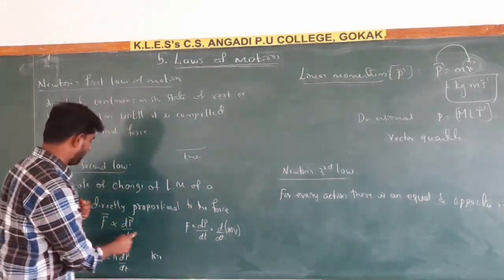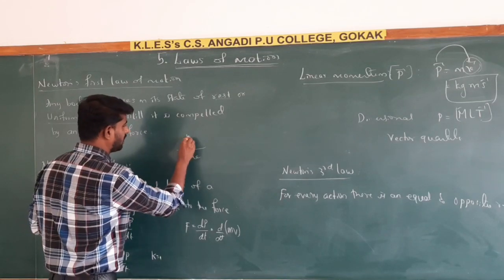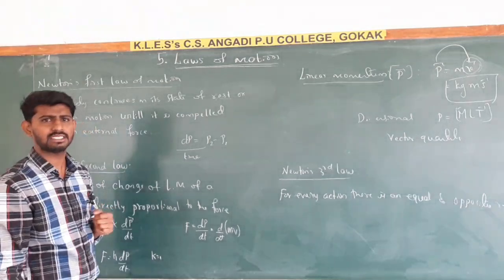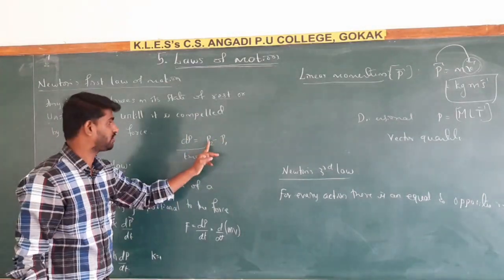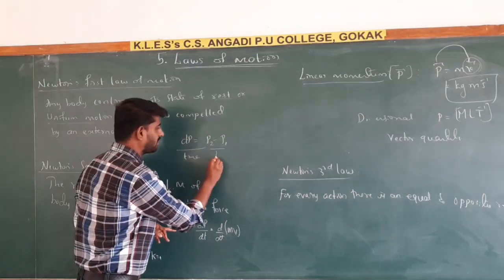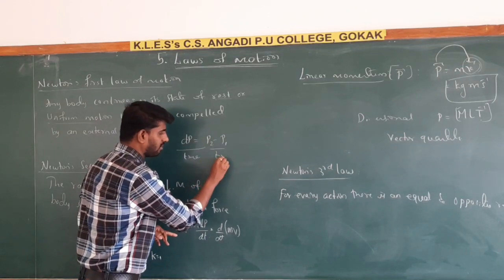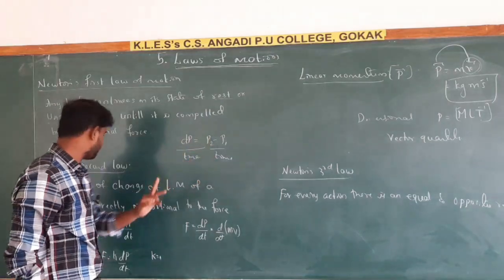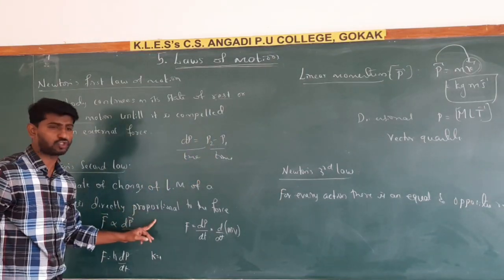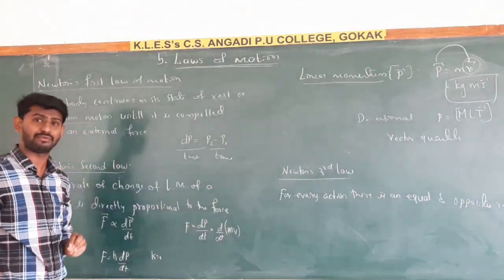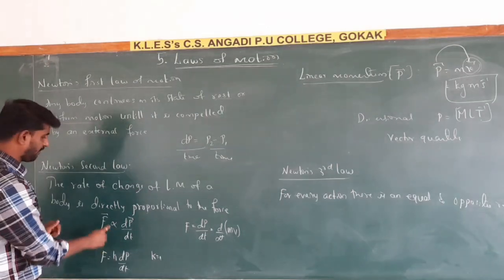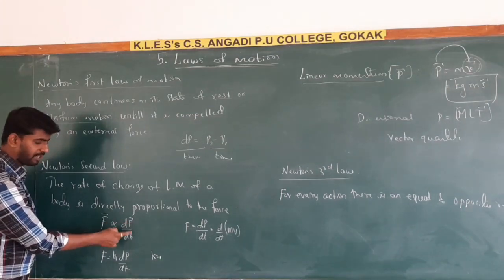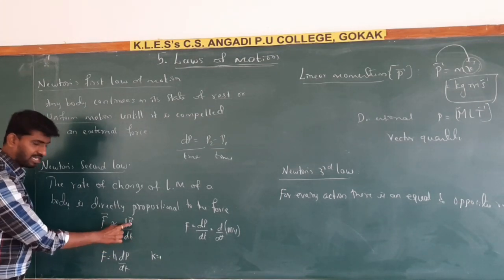So the rate of what? dp by dt. dp means p2 minus p1, the change in momentum, divided by time. So the rate of change of linear momentum is directly proportional to the applied force. So F is proportional to d by dt of linear momentum.